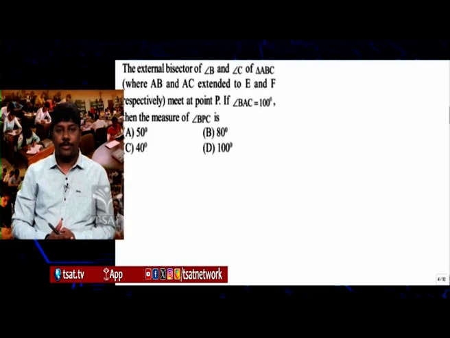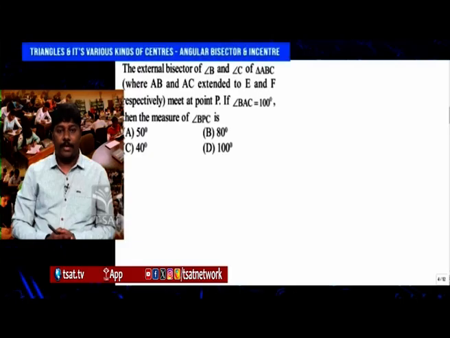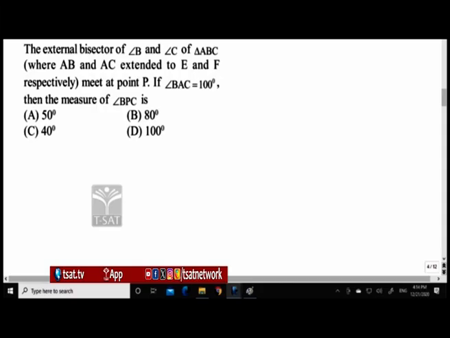Let us look at the next question. The external bisectors of angle B and angle C of triangle ABC, where AB and AC are extended to E and F respectively, meet at point P. If BAC is equal to 100, then find the measure of BPC. It is the same as the previous one.